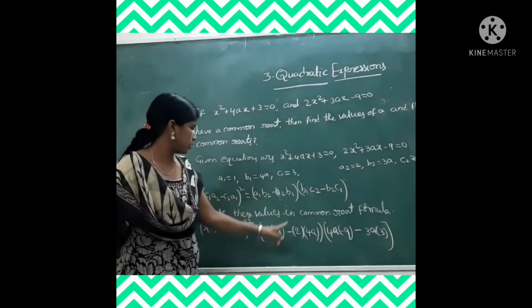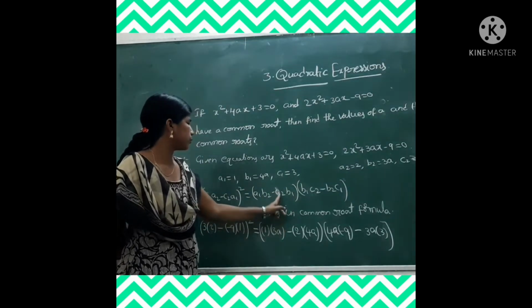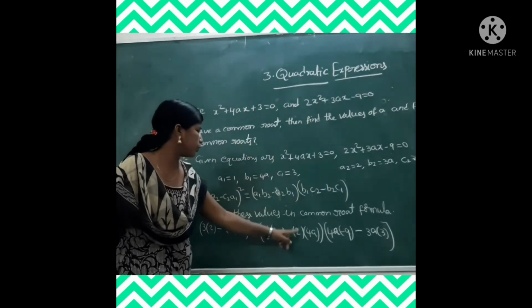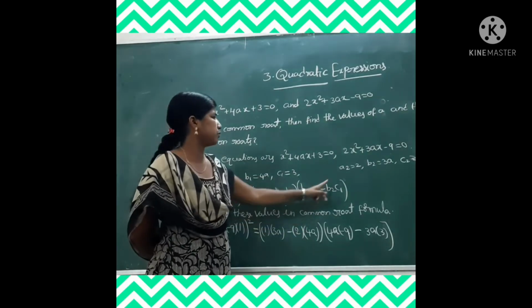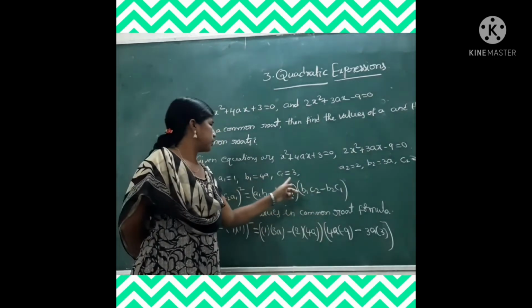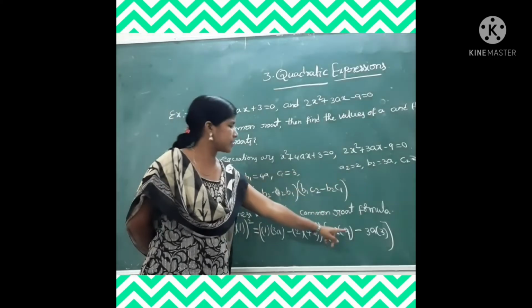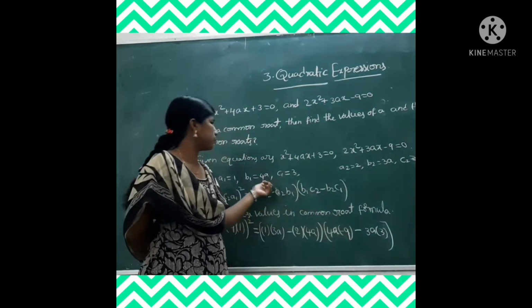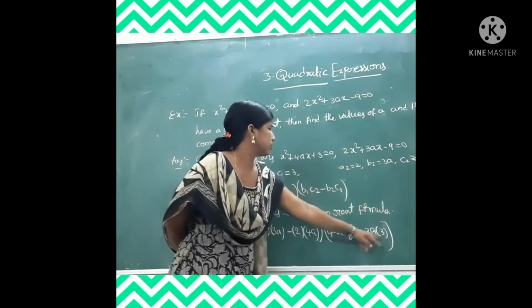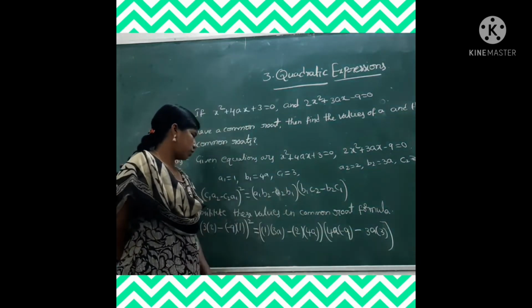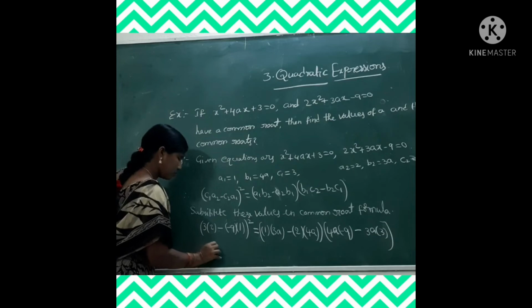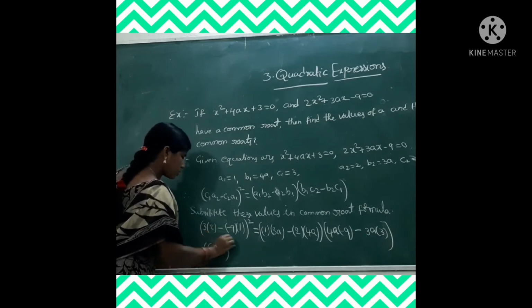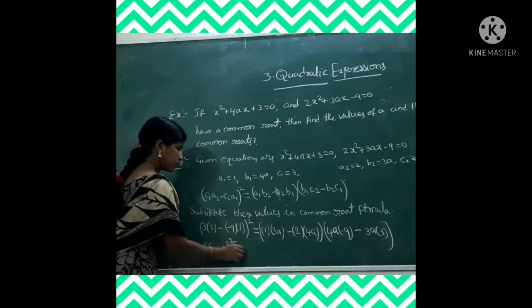B2 means 3A, minus A2 means here 2, and B1 is 4A, and B1 again 4A, and C2 minus 9, minus B2 3A, again C1 is 3. Okay, now simplify this.